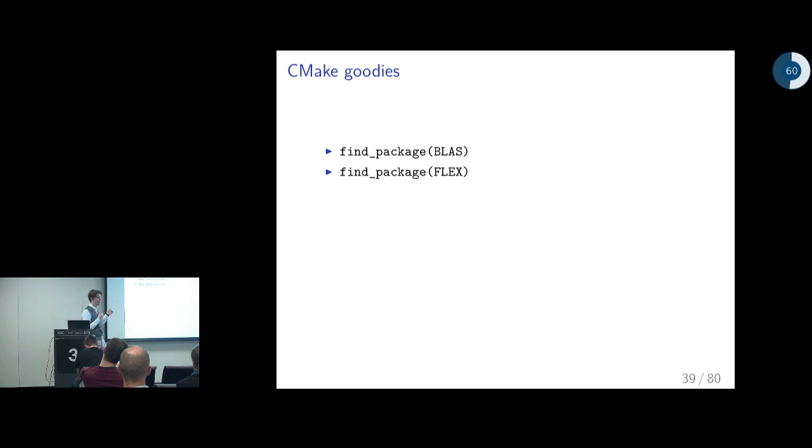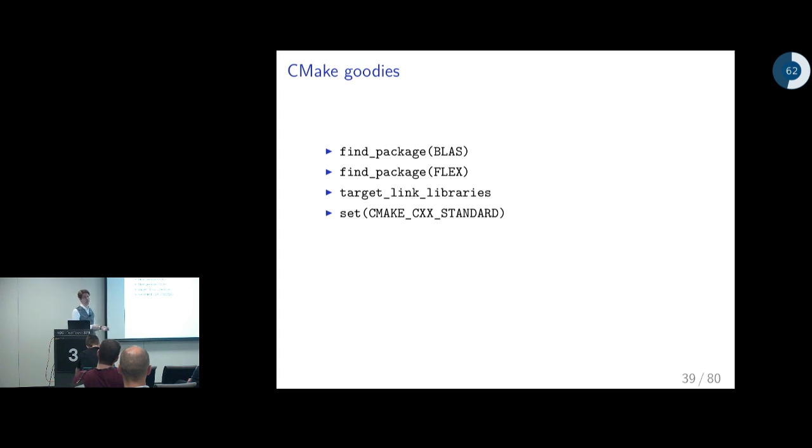You can find your compile time dependencies. Like if you depend on Flex in order to create a parser for your language that you want to expose in Python, you might want to run Flex as a part of your build pipeline. Of course, you can link libraries, and CMake's target link libraries actually manages to deal with transitive linking, which is quite useful once you have non-trivial dependencies.